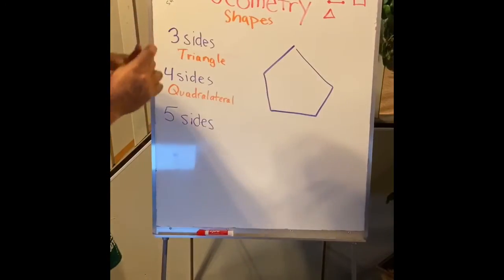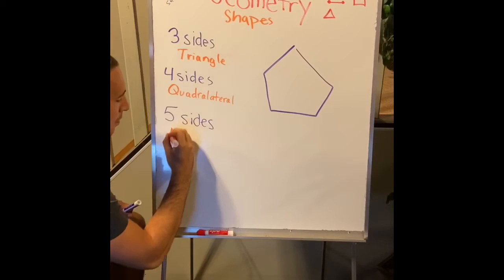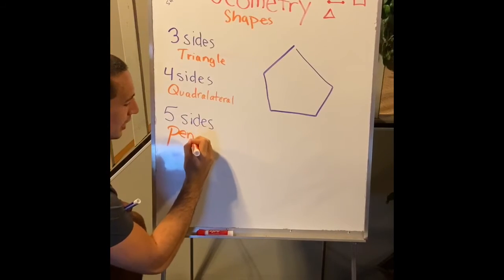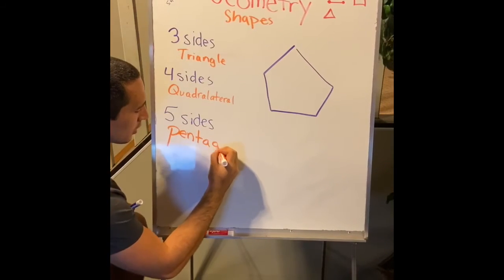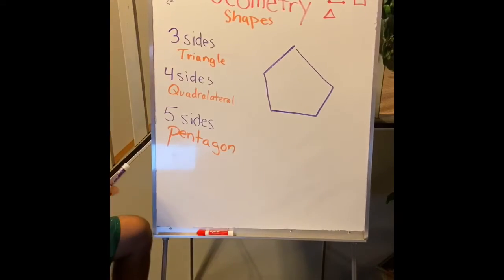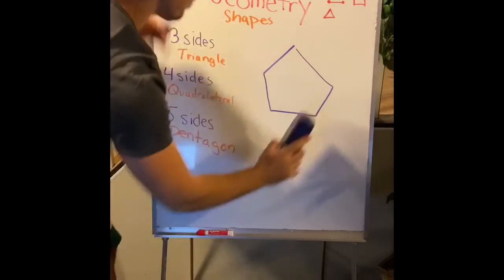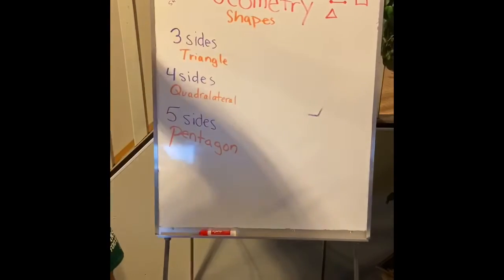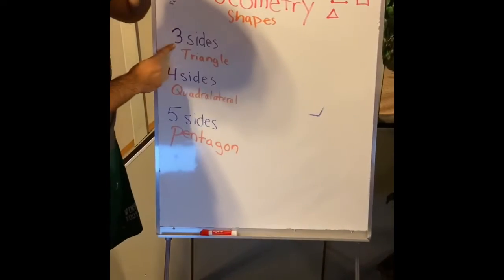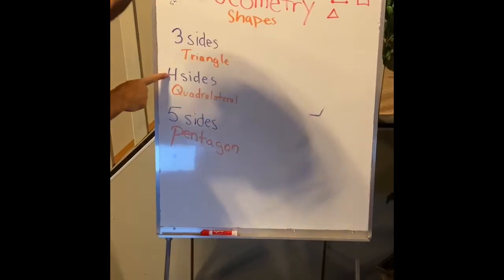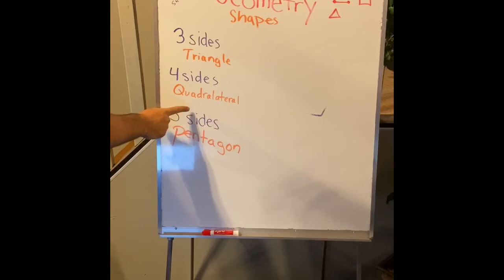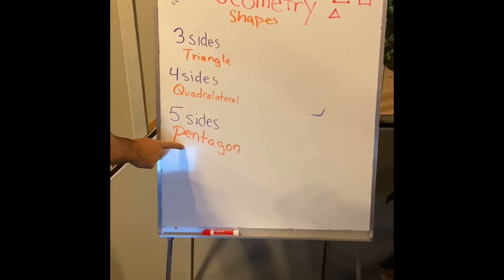This is called our pentagon. So remember, three sides is a triangle, four sides is a quadrilateral, five sides is a pentagon.